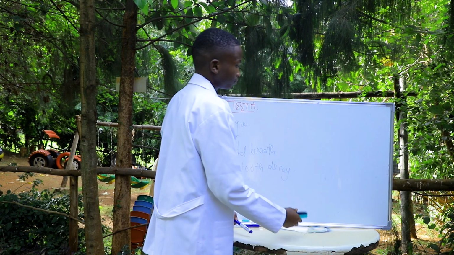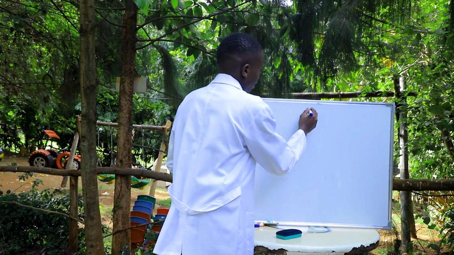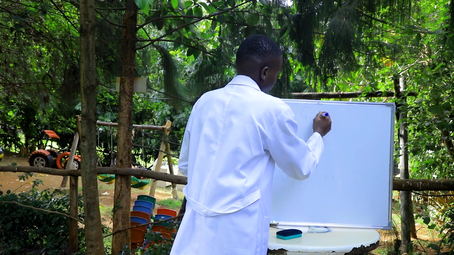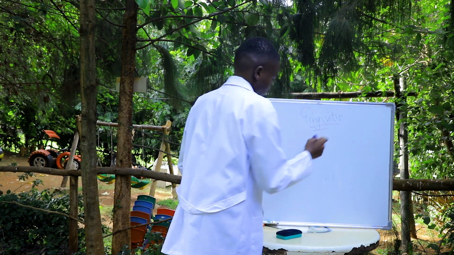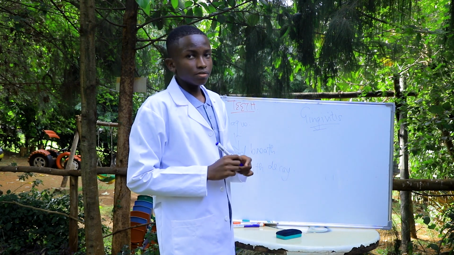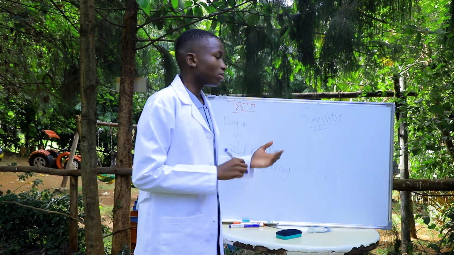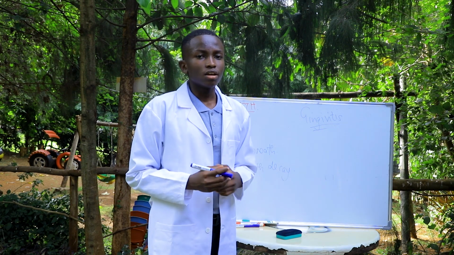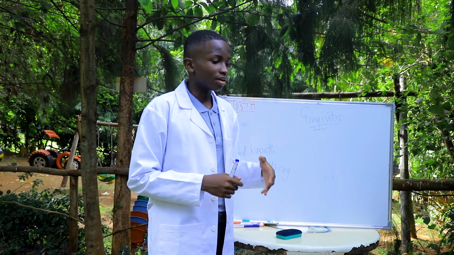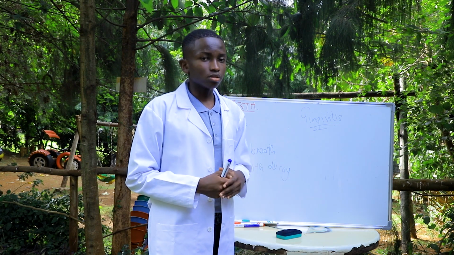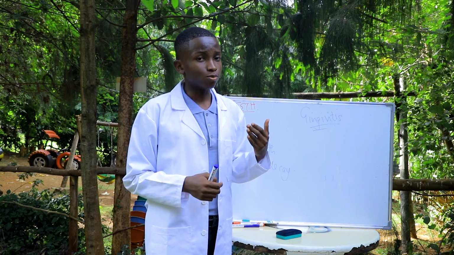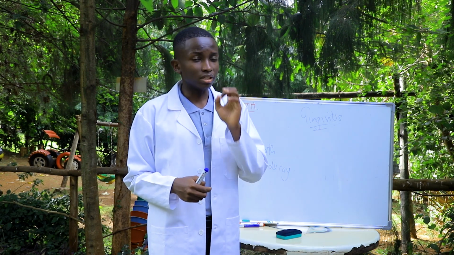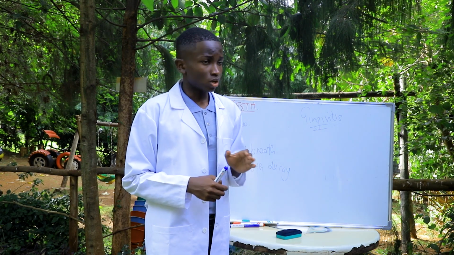Now, there's something we call gingivitis. Gingivitis is a problem that is caused because your gums don't have the required vitamins, and you tend to find that as you're brushing your teeth or as you're eating your food, your gums begin bleeding.